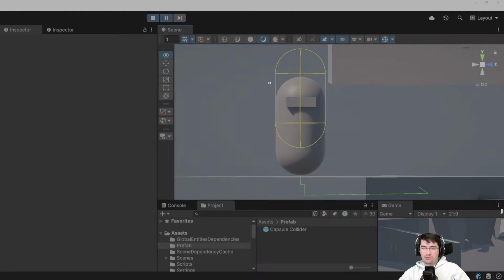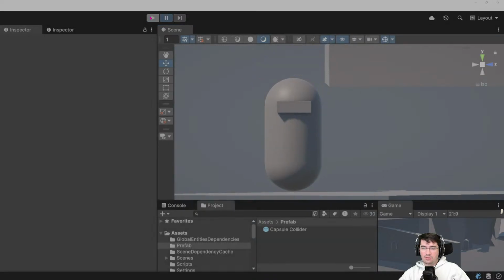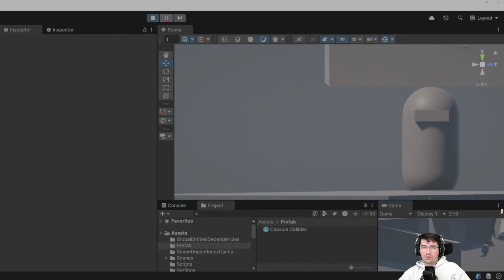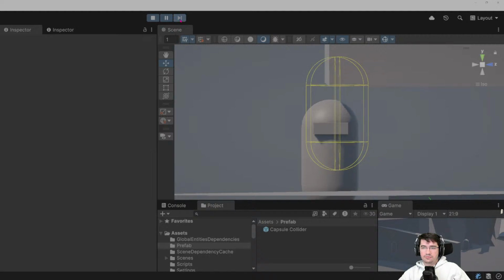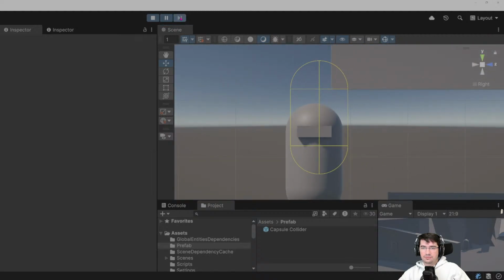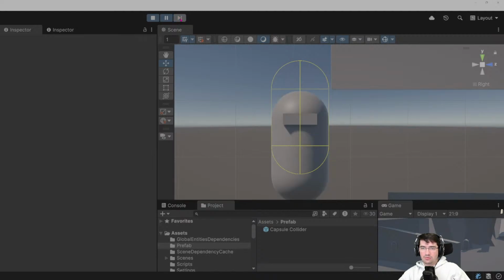So that would be working, but I should already be able to be above.